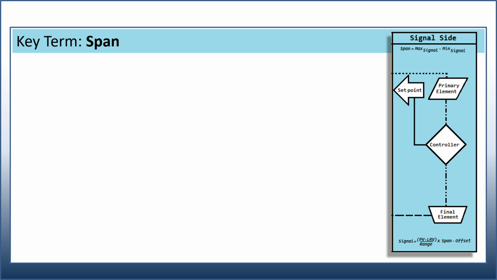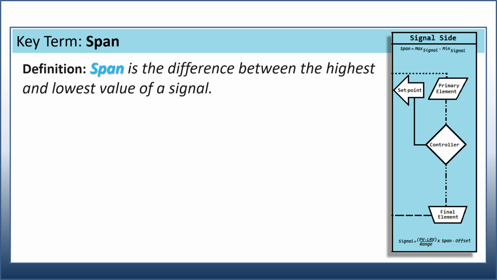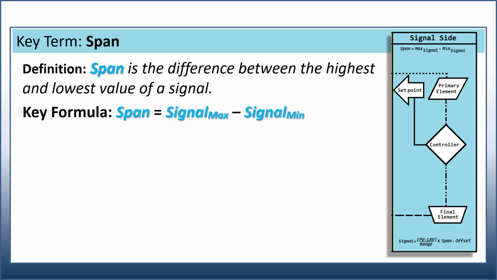This brings us to our next key term, span. Span is the difference between the highest and lowest value of a signal. It's simply found by taking the signal maximum and subtracting the signal minimum, just like we did with range and the lower and upper range values.